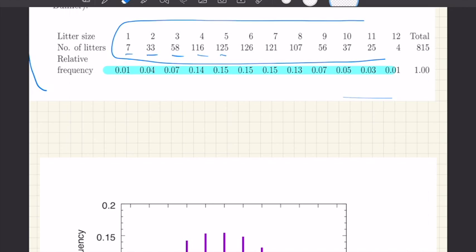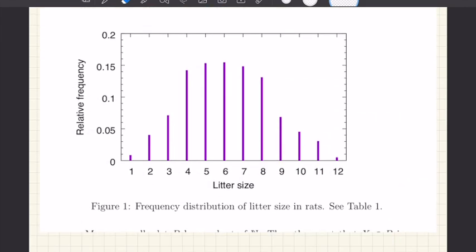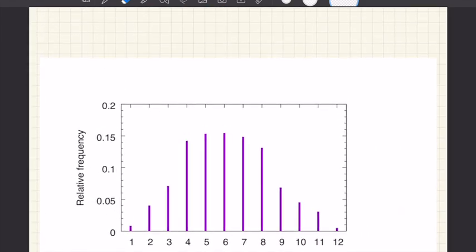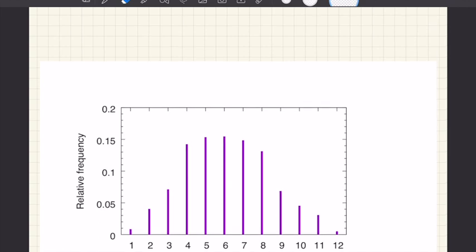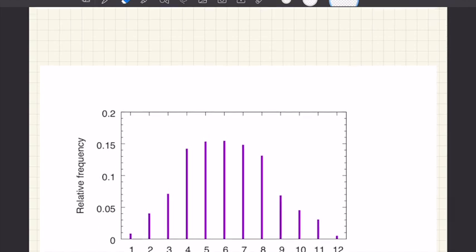So let's consider another case. Yeah, let's explain about this one. This is a histogram. We just plot the values of the random variable on the x-axis, and the relative frequency on the vertical axis.